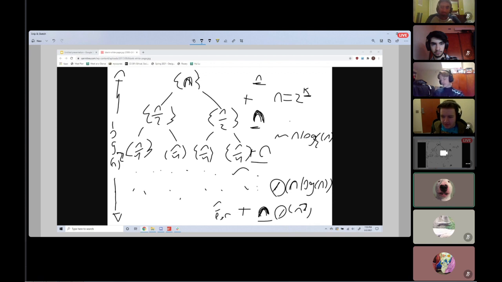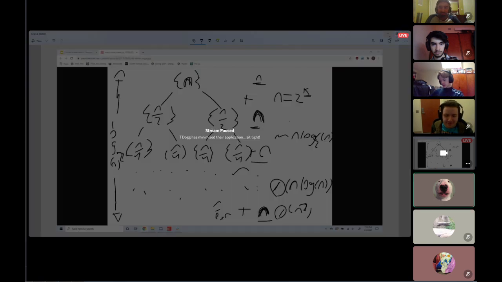That's a ridiculous difference, a difference of basically a billion, 100 million actually. So it's very good to use divide and conquer where it's applicable.